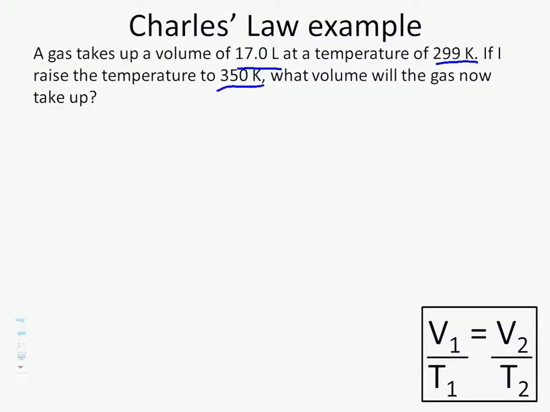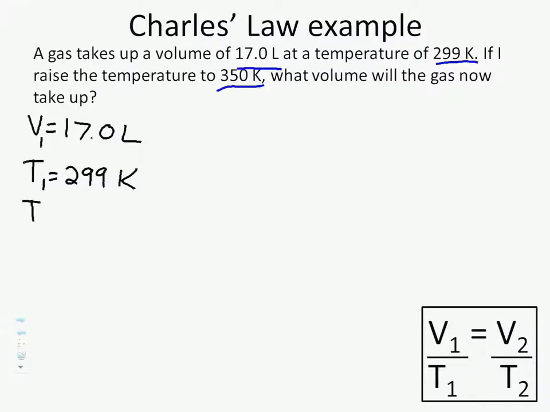So let's identify variables again. Volume 1 equals 17.0 liters. Temperature 1 equals 299 Kelvin.